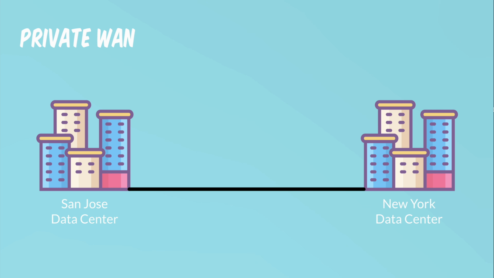Let's say we have two locations, San Jose data center and New York data center. If we end up procuring a dark fiber circuit from our service provider, that would be a layer 1 dark fiber circuit. Now the beauty of this circuit is that it's fully dedicated. It's as if we had literally a fiber optic buried in the ground between San Jose and New York, completely dedicated to us.